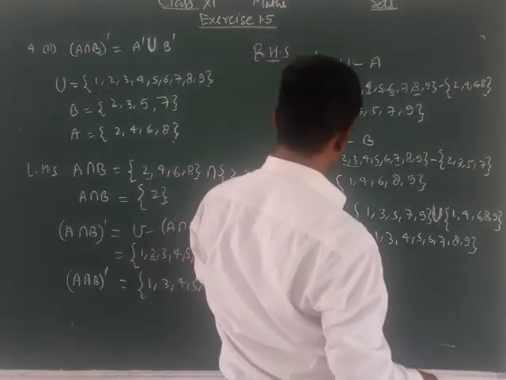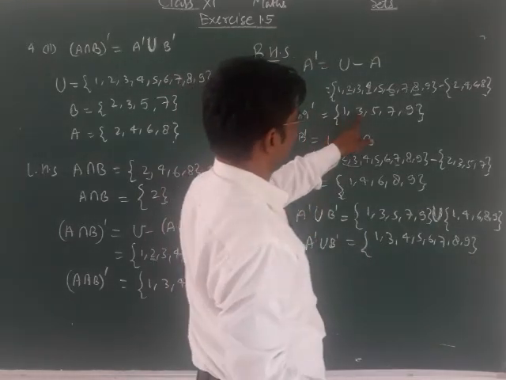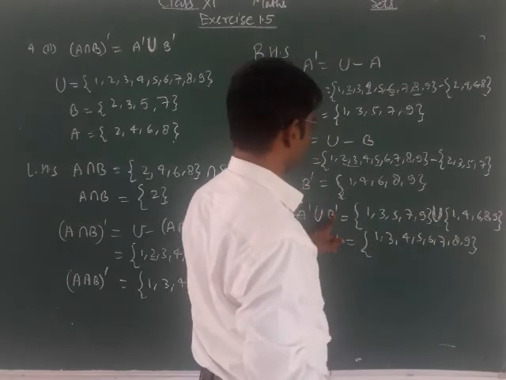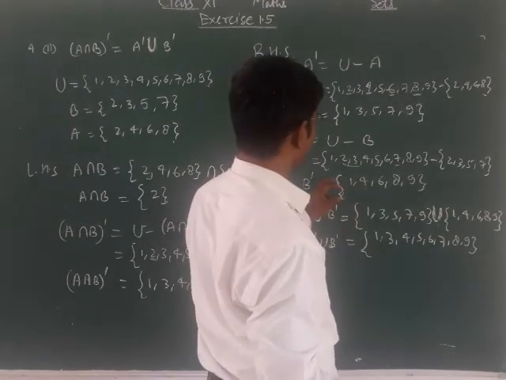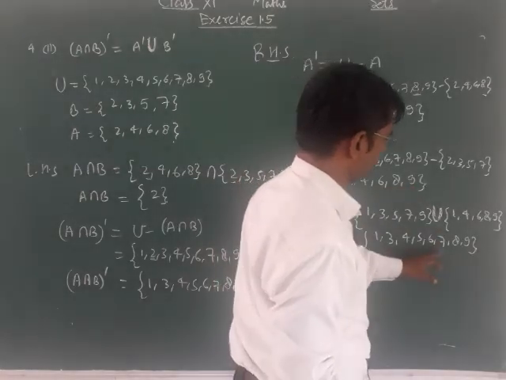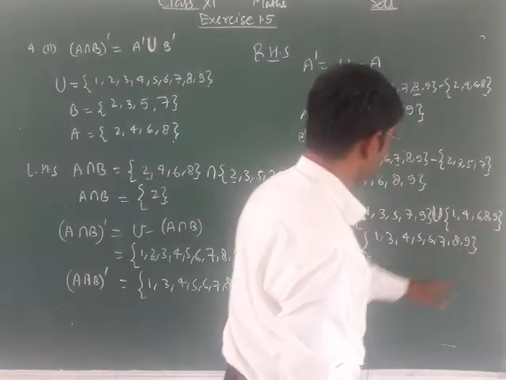This is complement of A, elements 1, 3, 5, 7, 9, and union complement of B, elements 1, 4, 6, 8, 9.